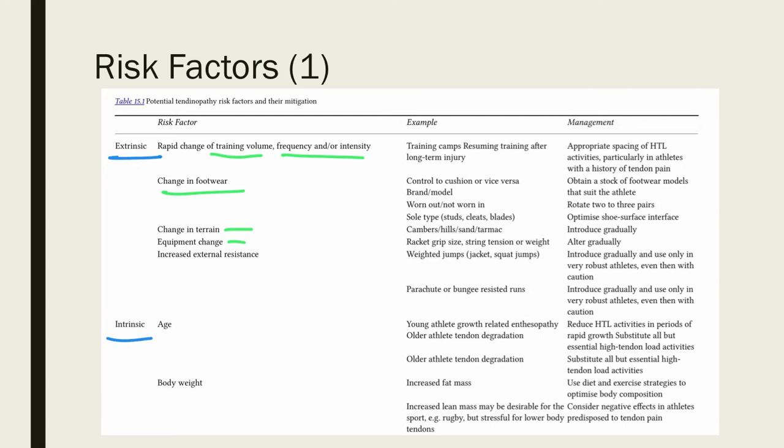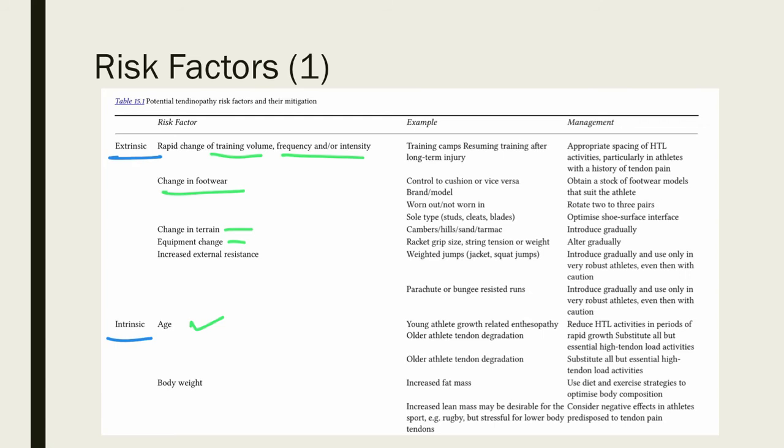When it comes to intrinsic factors, age is obviously going to be a big one. If you think about youth athletes that grow really quickly, especially male athletes in their teenage years, if they grow 6 to 8 inches in a year, that's actually going to be a major risk factor for tendinopathy, because their soft tissue, their muscles, and their connective tissue in their tendons may not actually be able to keep up very well with their skeletal growth.